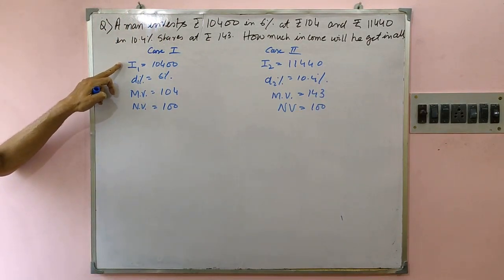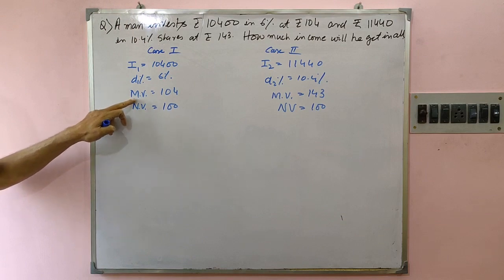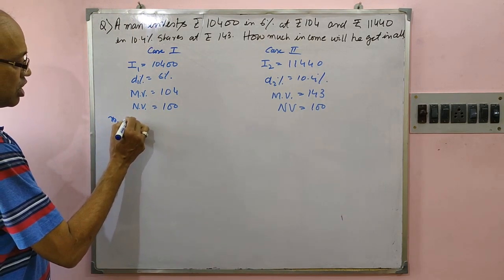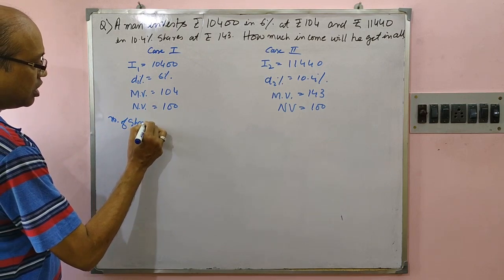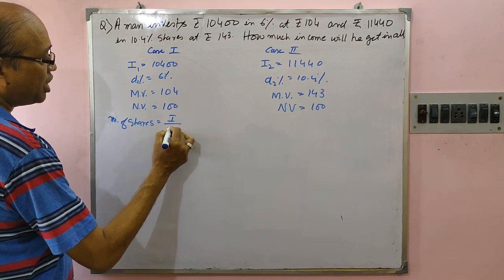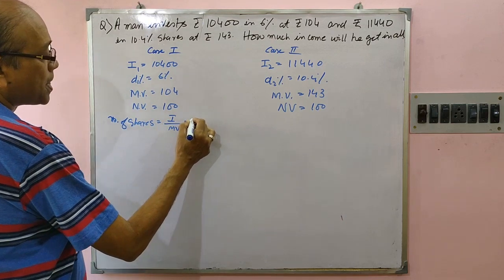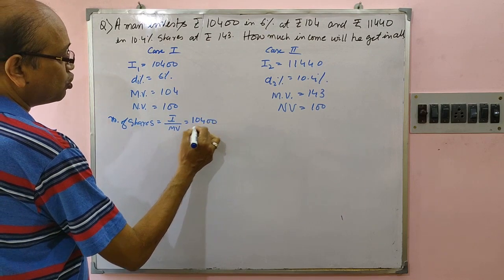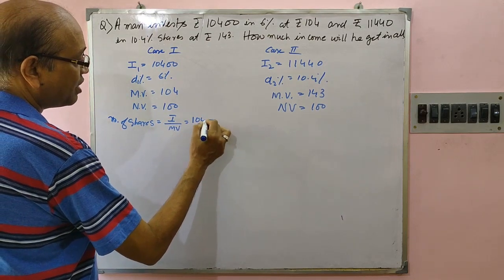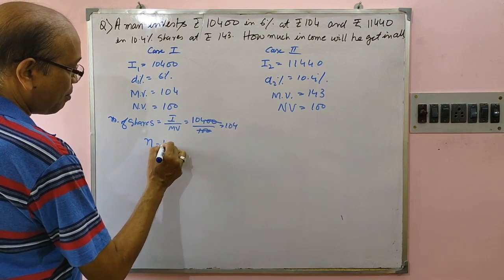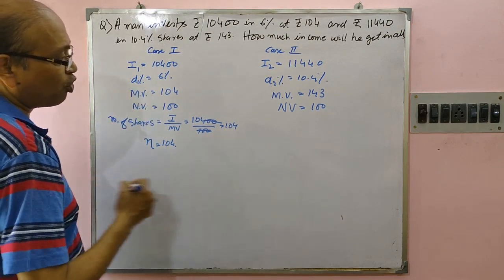Here when the investment is given and market value is given, can we find number of shares? Number of shares is I by MV, which is 10400 by 100, which is 104. Therefore, N, the number of shares is 104.